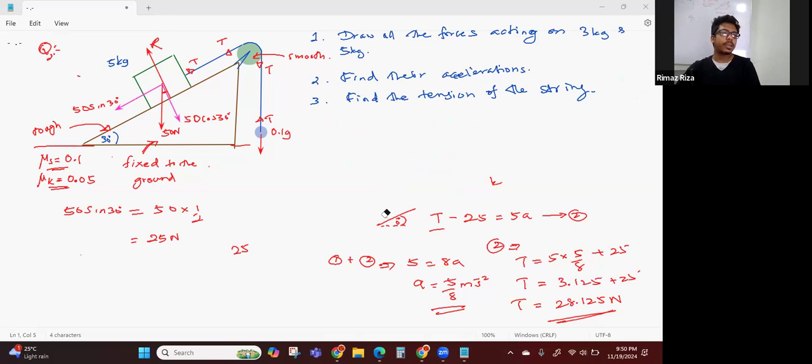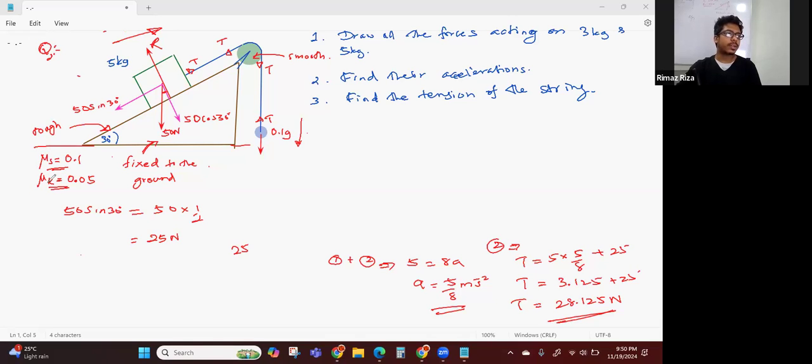To find acceleration, how do we find? You have to apply F equals ma for this, and also you have to apply F equals ma for this. When you're applying F equals ma for this, the friction also comes there, no? Then to find the friction, you need these values.